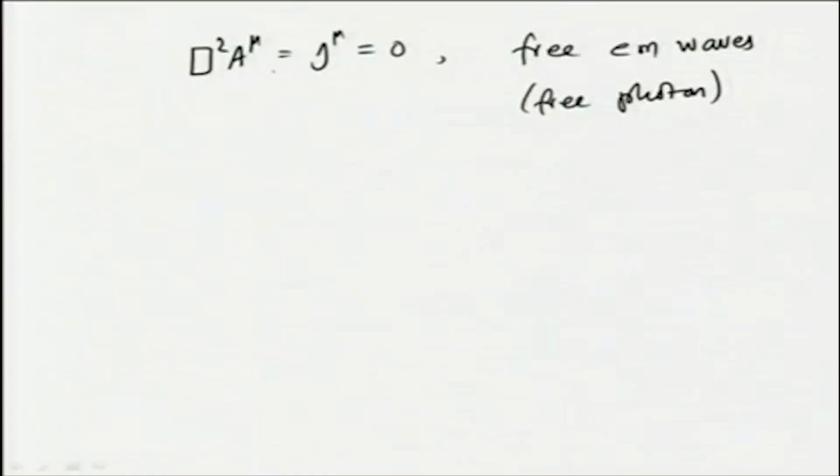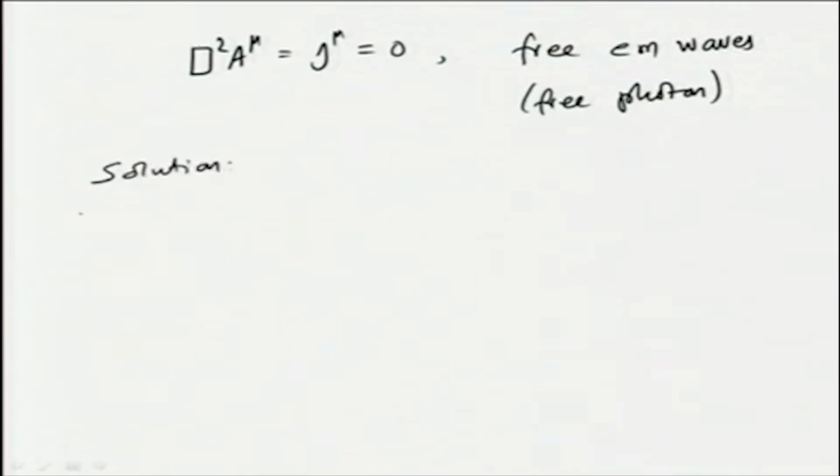So, this box square is essentially called the D'Alembertian. The D'Alembertian is an operator which acts on A mu to give you 0 for free photons. Solution?